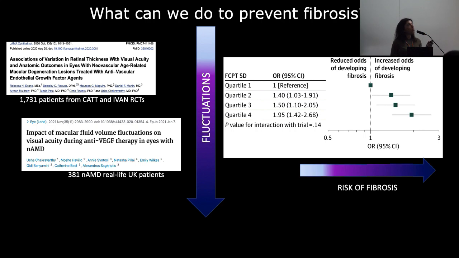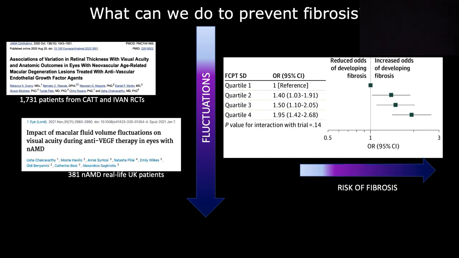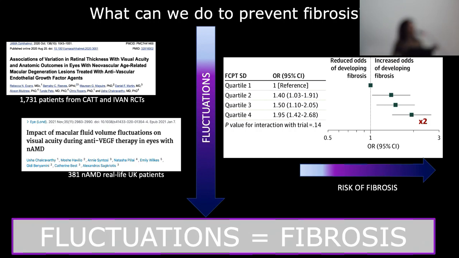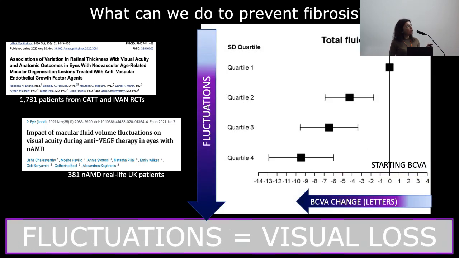What we know is that one of the major clinical risk factors for developing fibrosis is a higher degree of macular thickness fluctuation. Patients in the 4th quartile, meaning the macular neovascularization is not well controlled, had a double risk of developing fibrosis over the follow-up.